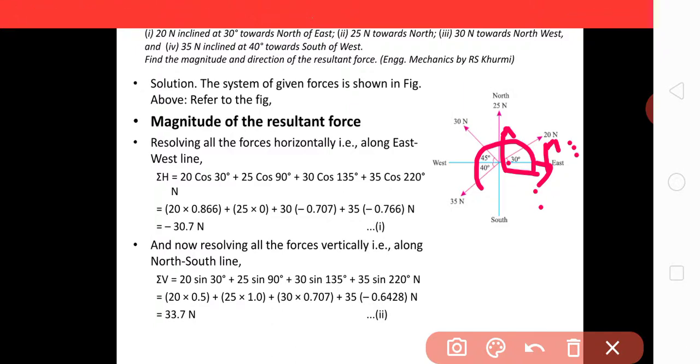Similarly, for the 25 Newton force, its horizontal component is 0, then the 30 Newton force and then the 35 Newton force. So, we can say 20 cos 30 plus 25 cos 90 plus 30 cos 135 plus 35 cos 220 Newtons, which comes out to be minus 30.7 Newton.